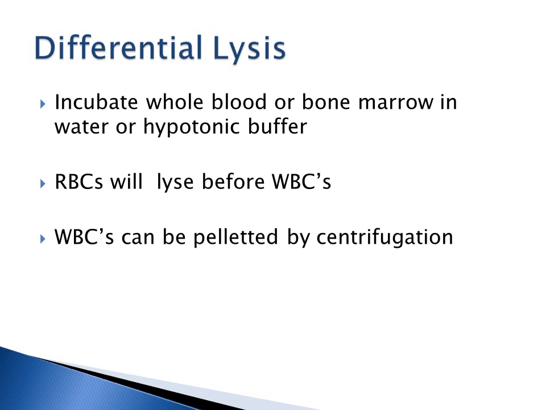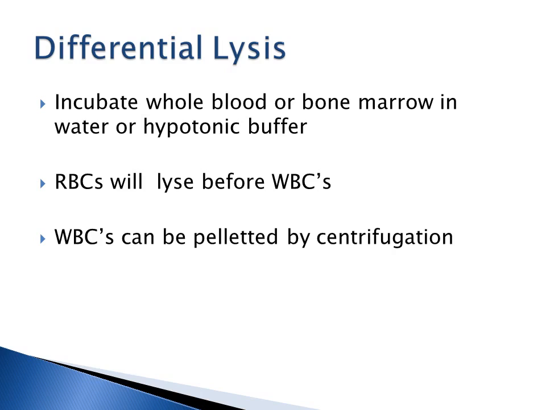In differential lysis, you're going to take your whole blood or your bone marrow and put it in a hypotonic buffered solution, such as water, because water is hypotonic and will lyse cells. The thing about putting whole blood or bone marrow in a hypotonic solution is that the red blood cells are going to lyse first.